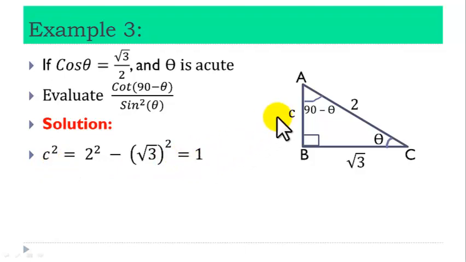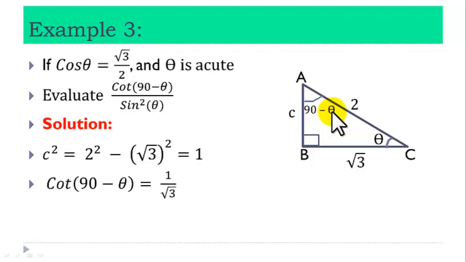We can now find cot 90 minus theta. Cot 90 minus theta is equal to C all over root 3. That is 1 all over root 3. And sin theta is C all over 2.